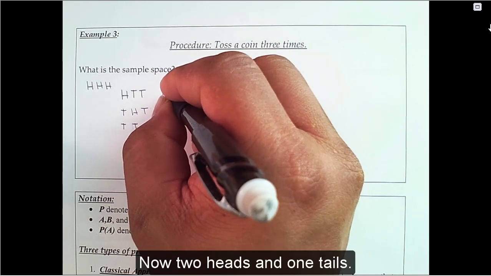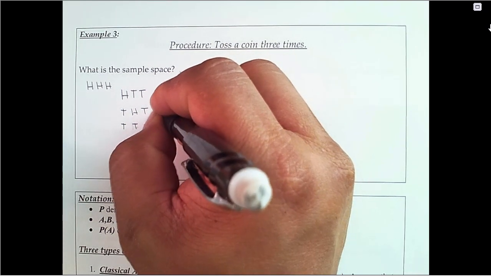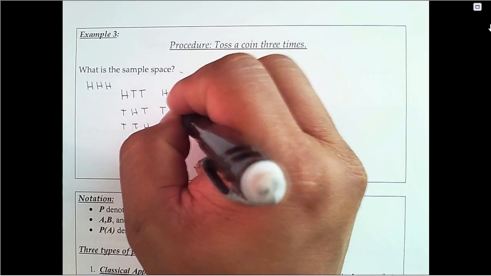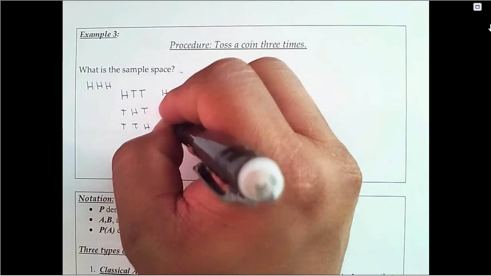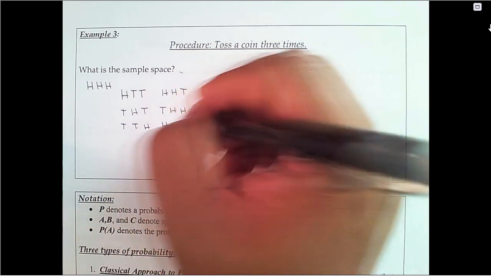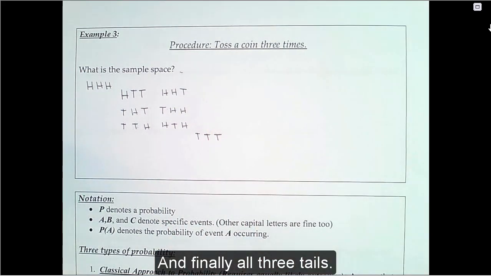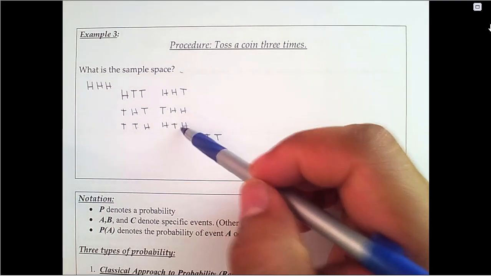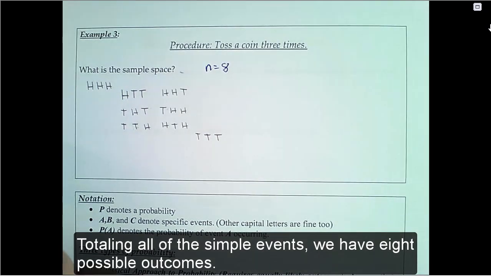Now 2 heads and 1 tails. And finally, all 3 tails. Totaling all of the simple events, we have 8 possible outcomes.